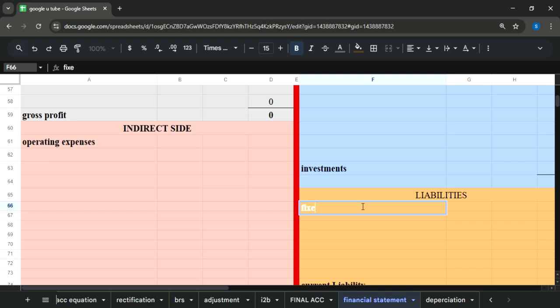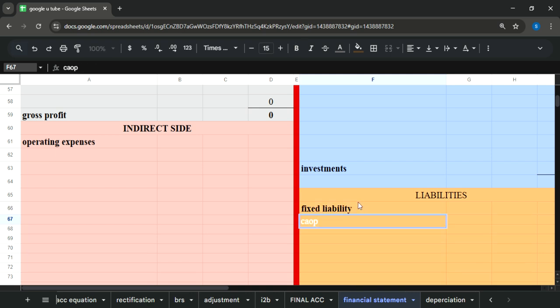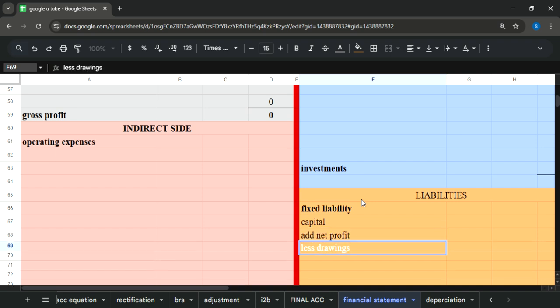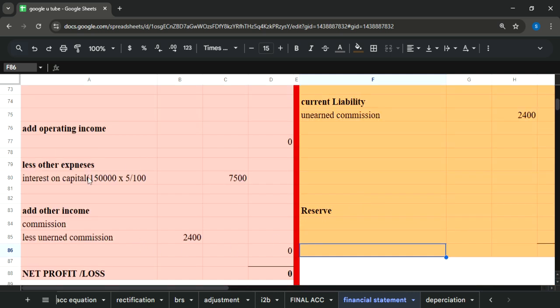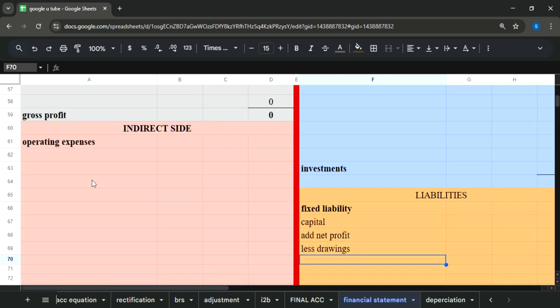Then we will go to the fixed liability side. Here you will write your capital, then we will add net profit, then we will subtract drawings, and we have got another factor, interest on capital. It would be added.